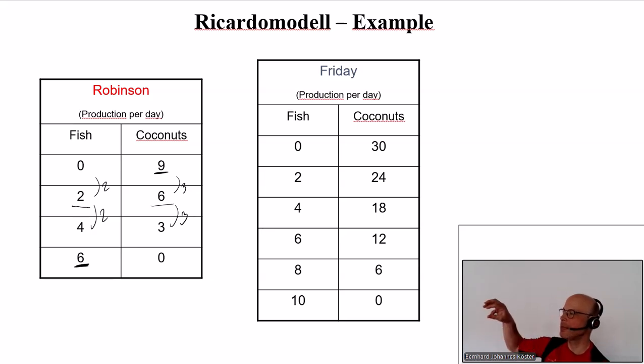Because remember, UK had to spend less time in the production of wine, and Portugal in the production of clothes, and the same was true for the relative argument with the comparative advantage.